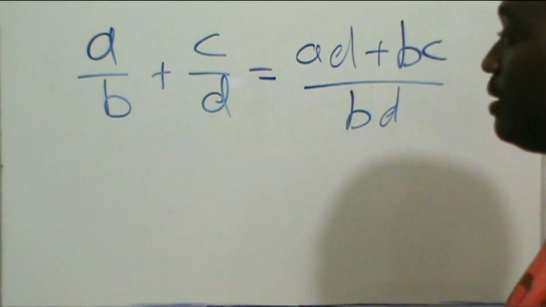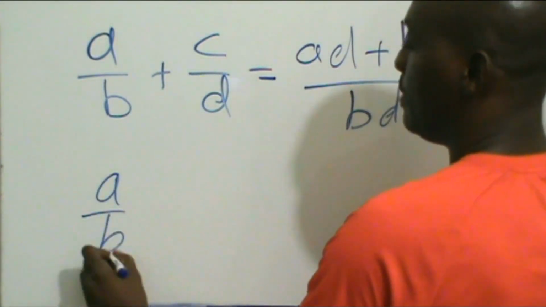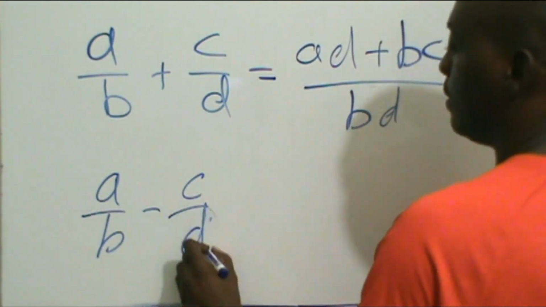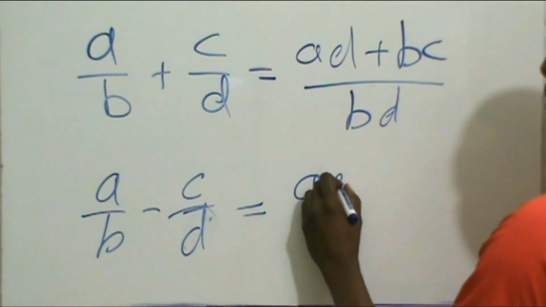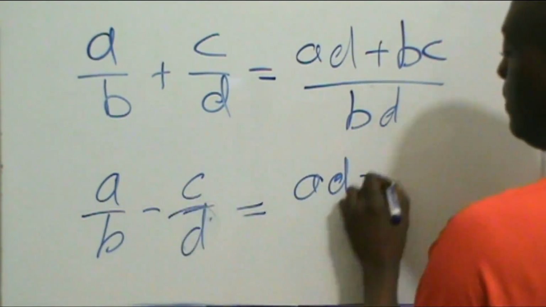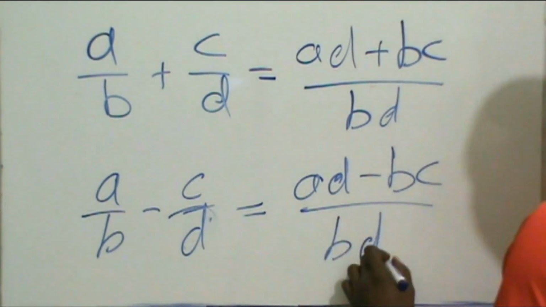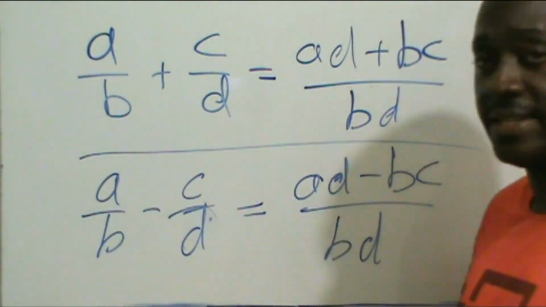And similarly, we have the same two fractions with the sign change. Let's say a over b minus c over d. That would be the same story. a times d minus b times c over b d. So the concept is the same.